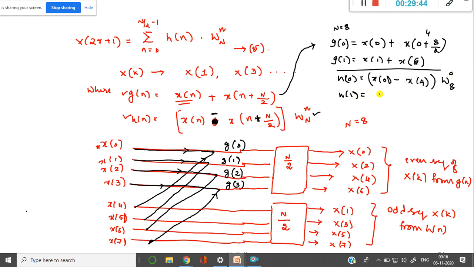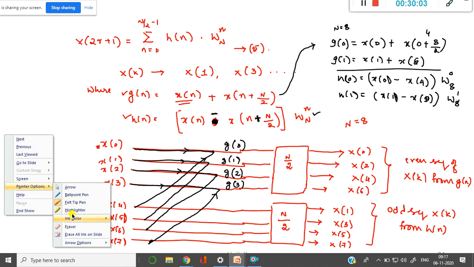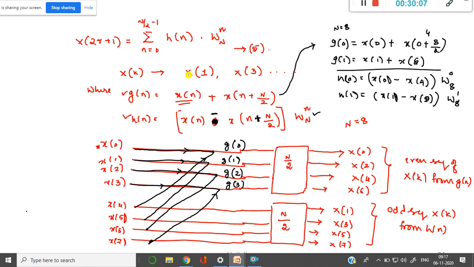Similarly, h of 1 equals x of 1 minus x of 5, I subtract, and the entire thing is supposed to be multiplied with W8 to the power of 1. So it is very easy for me to obtain the h of n sequences. I just multiply this sequence.